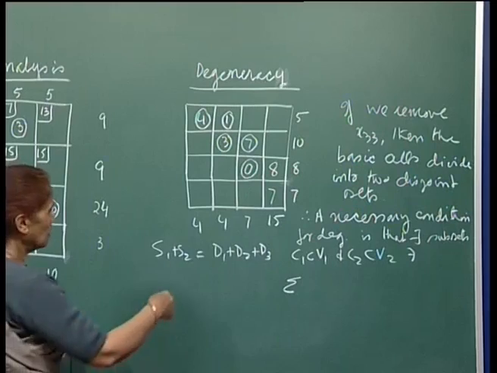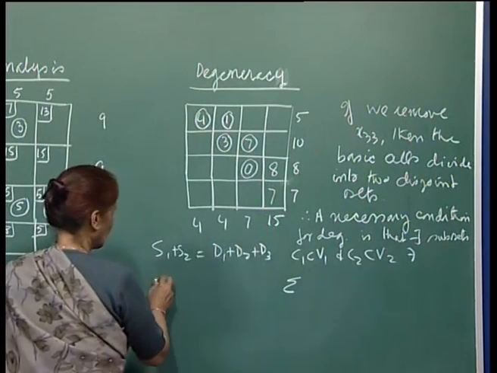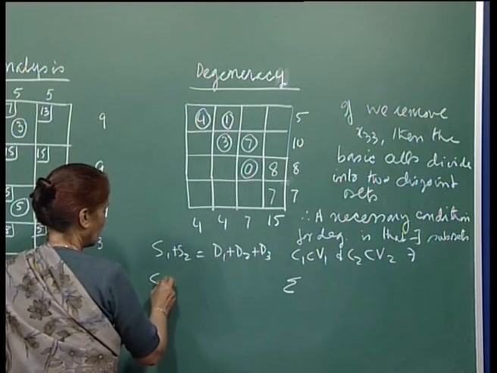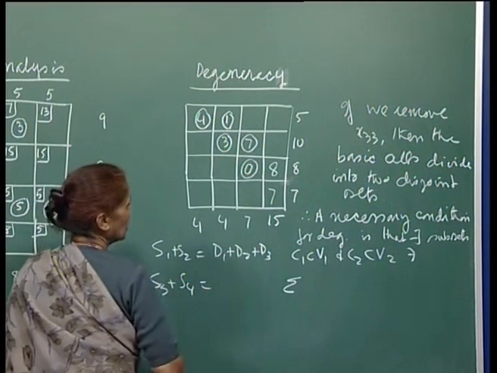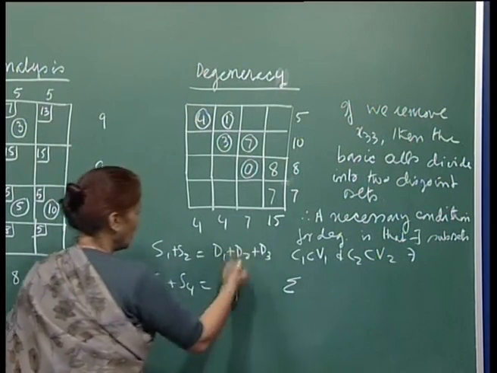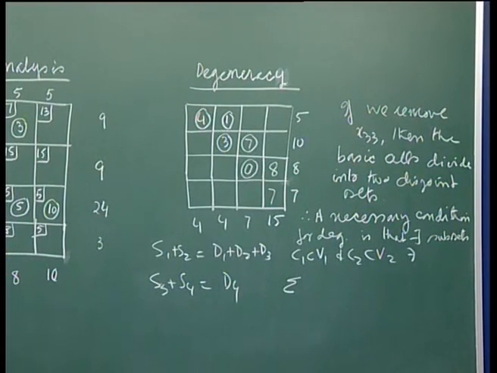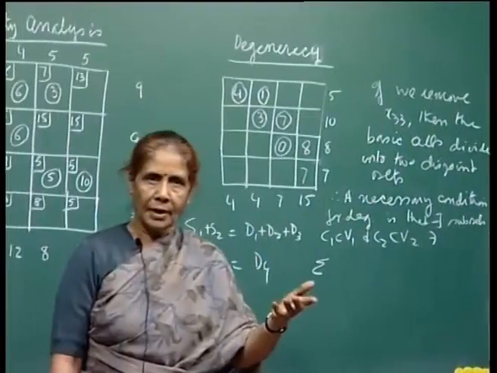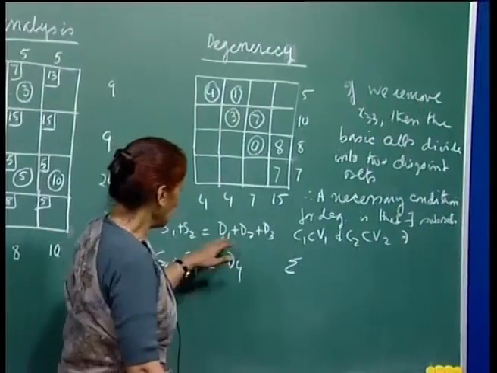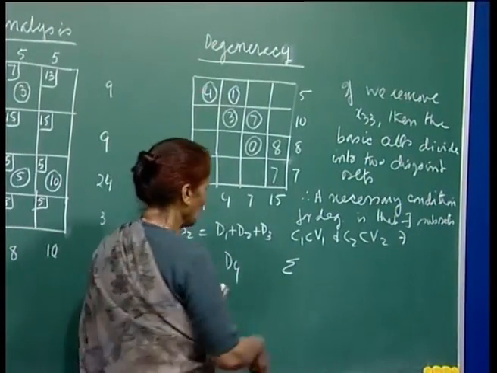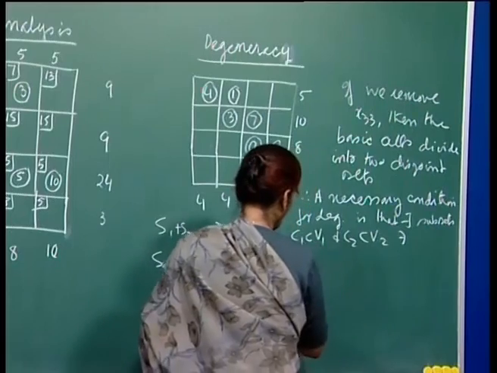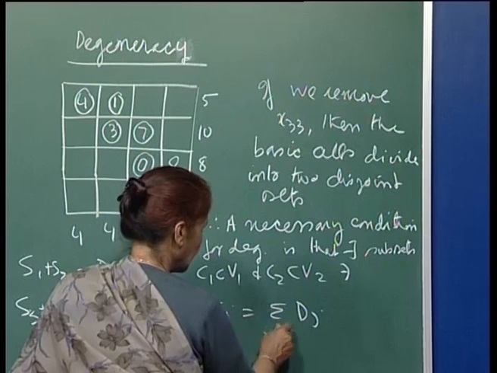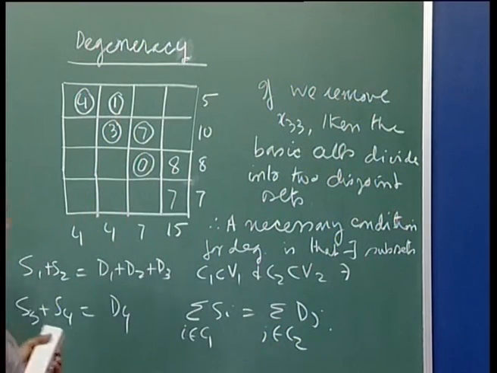Or also you can say from here that S3 plus S4 is equal to D4. So either way, when it breaks up into two disjoint sets, obviously, because all the Si have to add up to the Dj, once you have this, you will also have that. Therefore, the sum of Si, i belonging to C1, is equal to the sum of Dj, j belonging to C2. So you will always be able to find this.